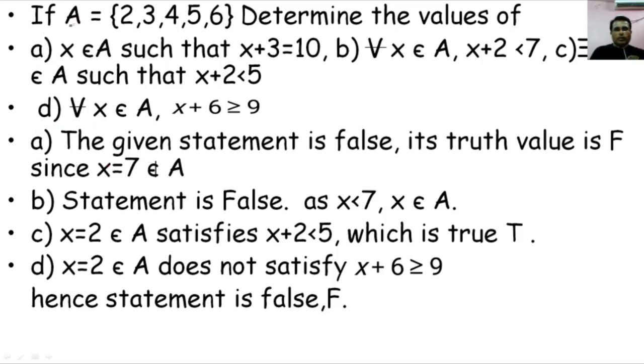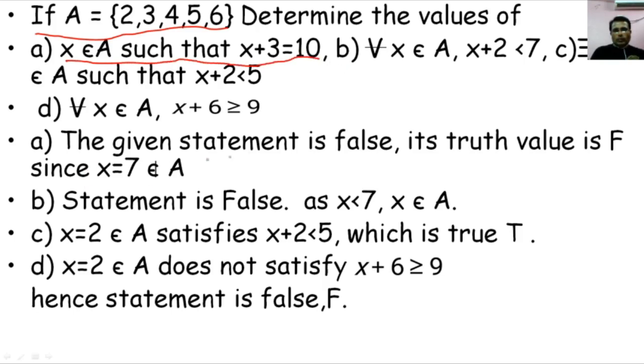Here we will observe that A is a set given as 2, 3, 4, 5, 6, and we want to determine the truth values of the statements. The first statement is there exists x belongs to A such that x plus 3 is equal to 10.